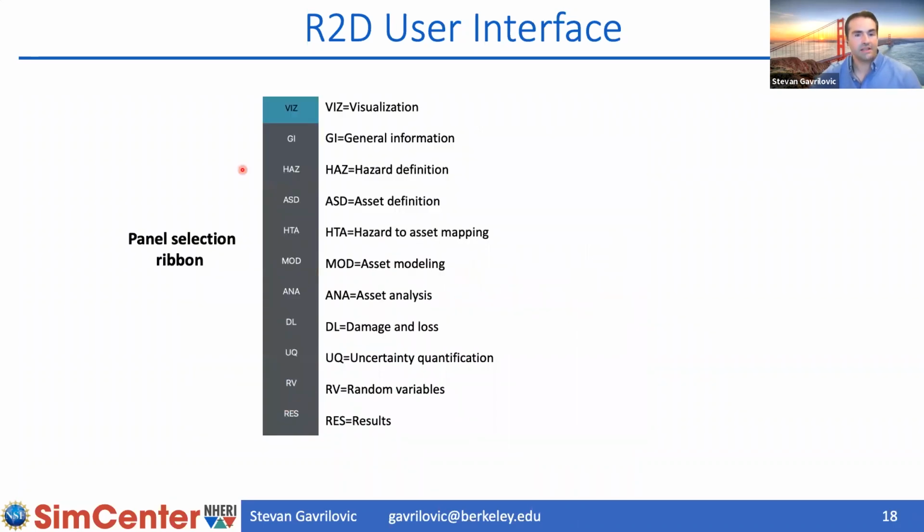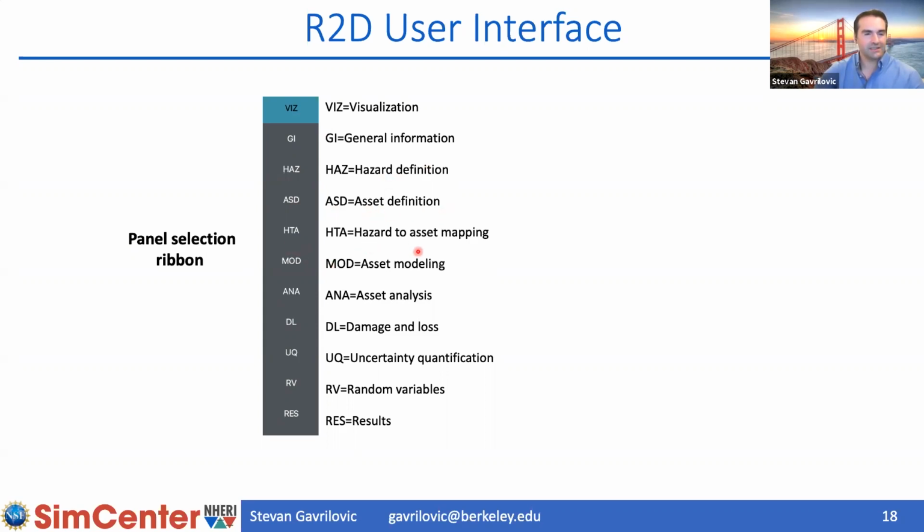So here's the panel selection ribbon that I mentioned previously. And on the right-hand side, we have a legend of what each one of these acronyms stands for. I'll quickly go through it. We have VIS, which stands for visualization. This is where that big GIS visualization pane is. We have GI, which stands for general information. HAS stands for hazard definition. ASD, which is asset definition.